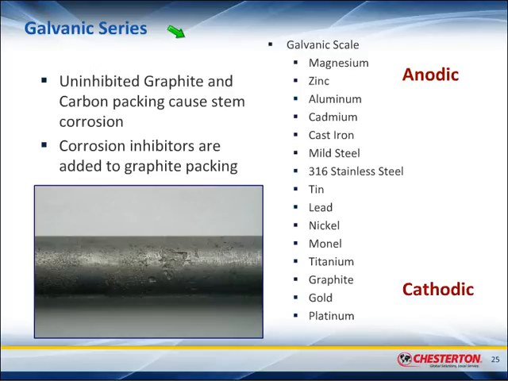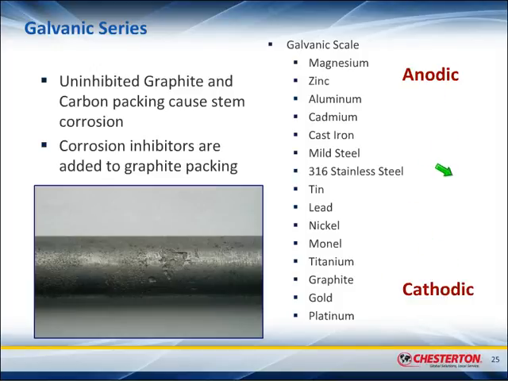To create a battery, what you need is an anode and a cathode and an electrolyte. An electrolyte is a sort of fluid, like a battery fluid. So when you put a very cathodic material with an anodic material, you create a battery.